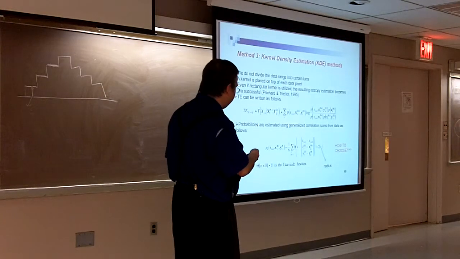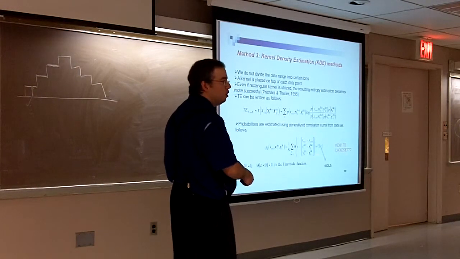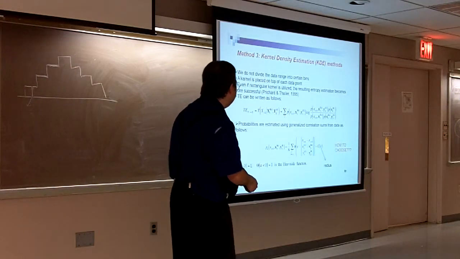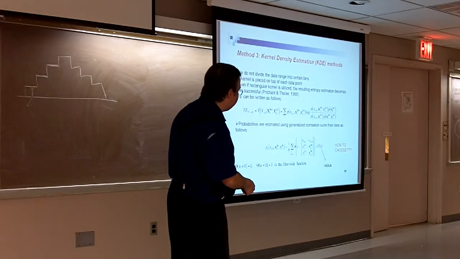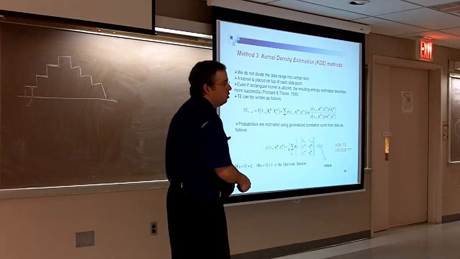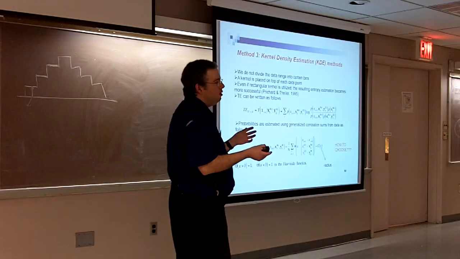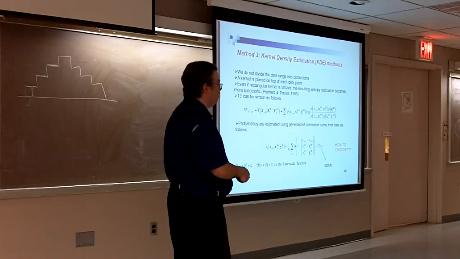Then you estimate something called the correlation sum, which is well known in the chaos theory literature. I do not go into the detail, but there's something called the radius here. Then the problem is how to choose this radius. In a histogram, you deal with how to choose the bin number. Here, you deal with how to choose the radius.